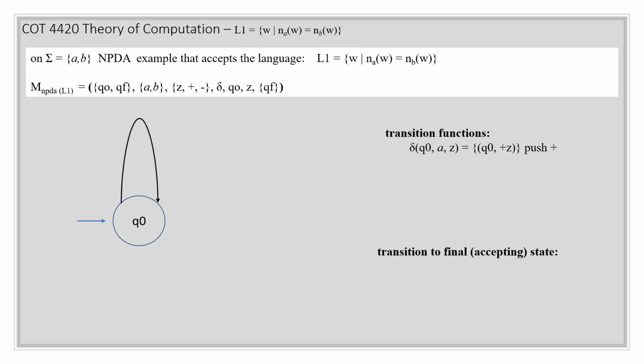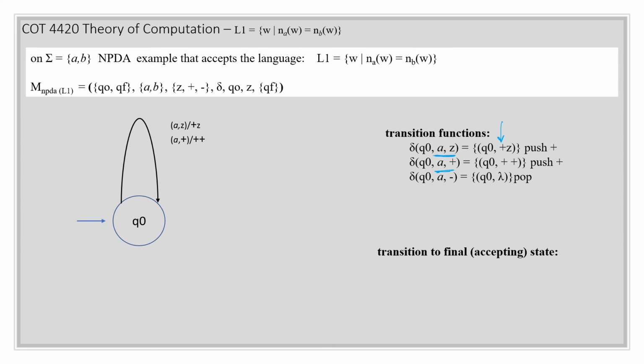So we can do a couple examples. Again, I did animation here. If we have an A, that means our first symbol is an A because that's our starting symbol. So we're going to push onto the stack the plus sign for A's. Then we have an A and there's a plus, so we're going to push on another plus sign.